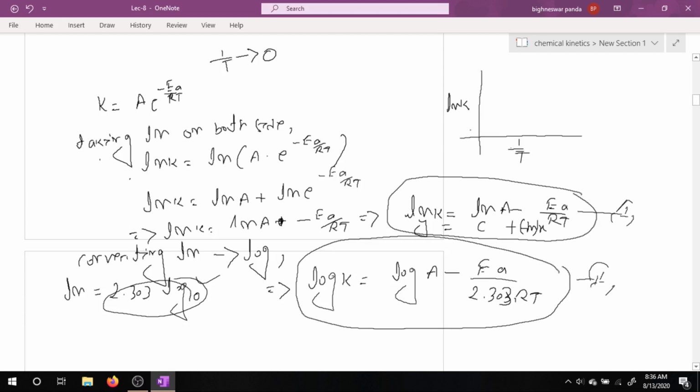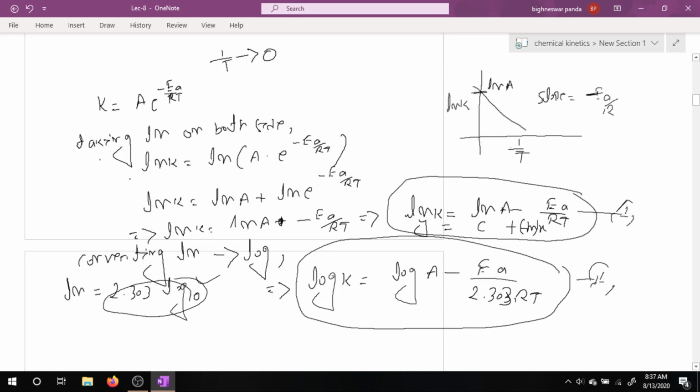So this is the equation of a straight line, with intercept of maximum value ln A, and the slope is negative.